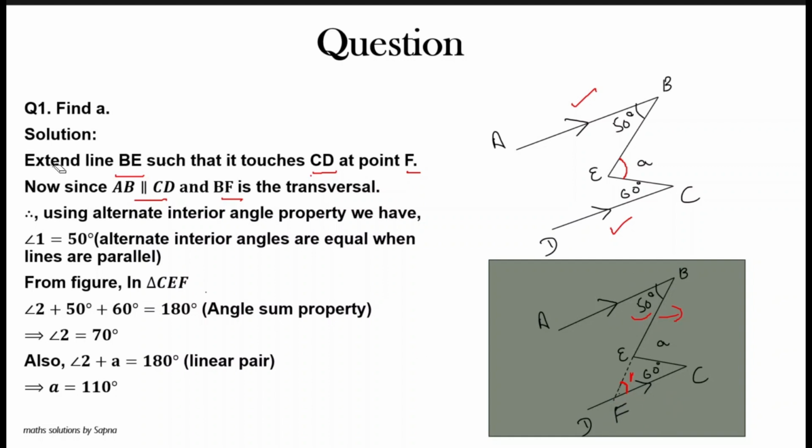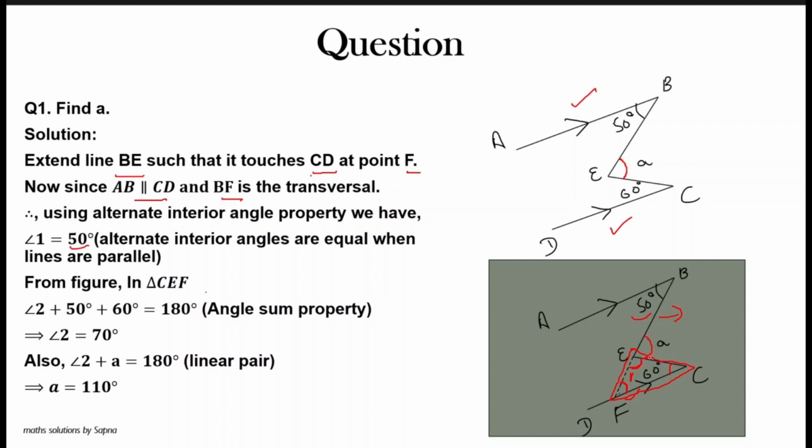Now from the figure, we can clearly see that in triangle CEF, one of the angles is 60 degrees. Angle 1 I have just figured out is 50 degrees, right? So if I figure out this angle, then easily I can figure out what A is.